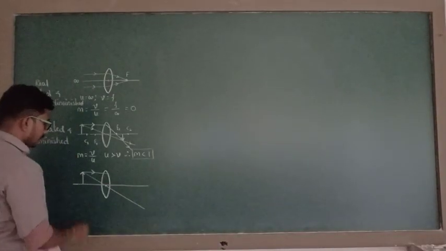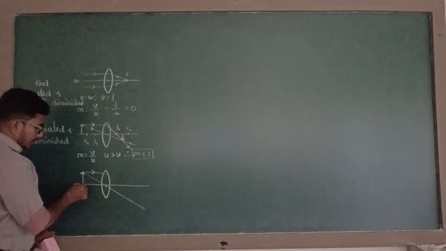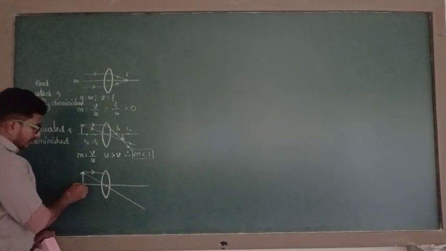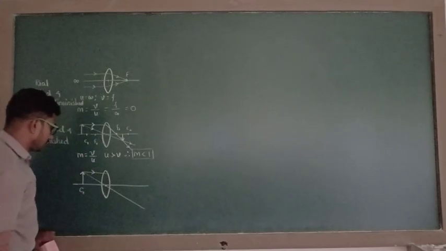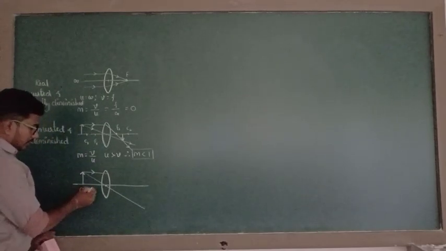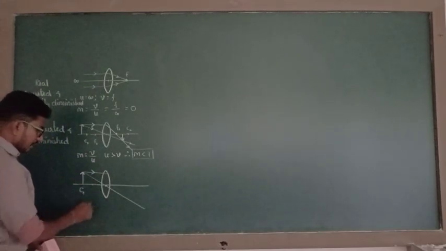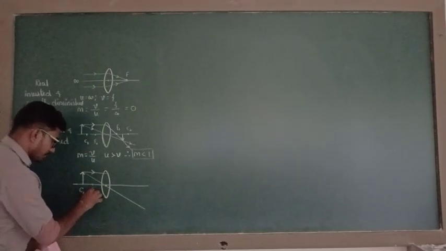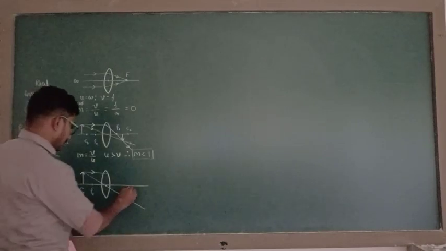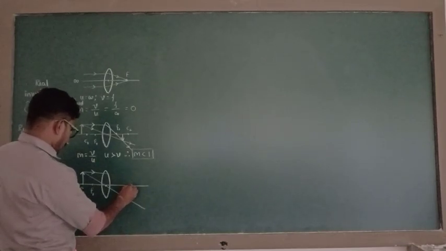So here this object lies at the first center of curvature. Let us say this point is the primary principal focus. Then the image of this object lies at the second center of curvature.